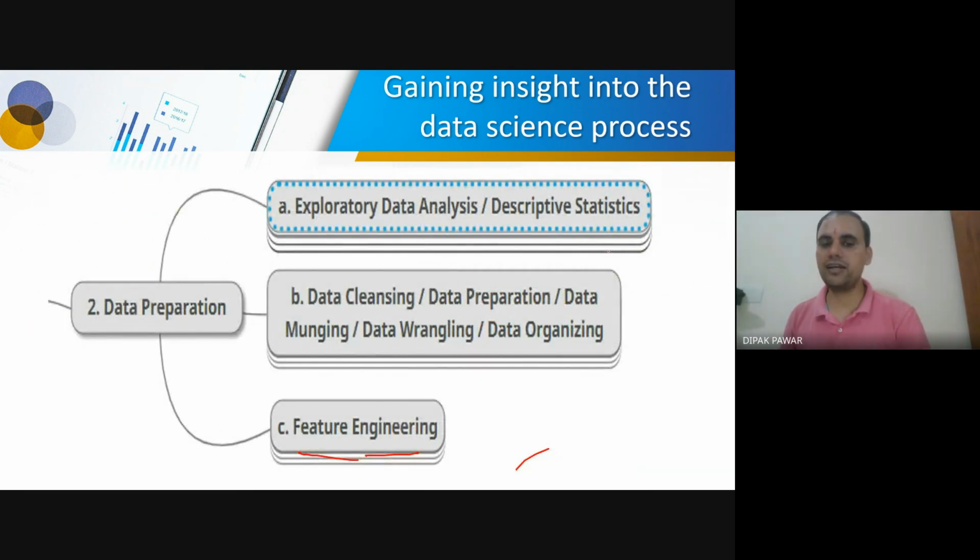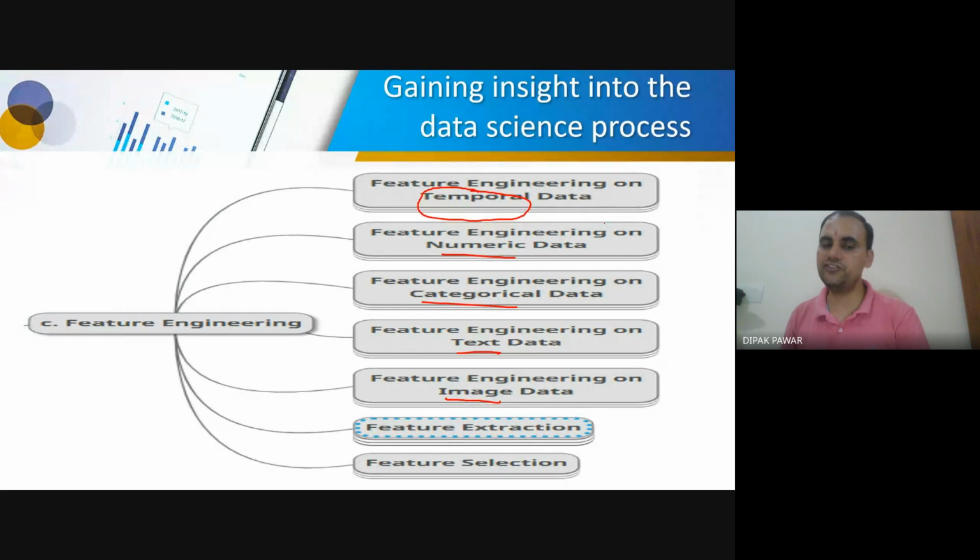Okay, so this part we covered, and after that we started with feature engineering. We have different kinds of data. Temporal data is data related to date and time. We also have numeric data, categorical data, and text data. Currently, as we are dealing with NLP as well as GenAI, we have to deal with text data, and lastly we also have image data.